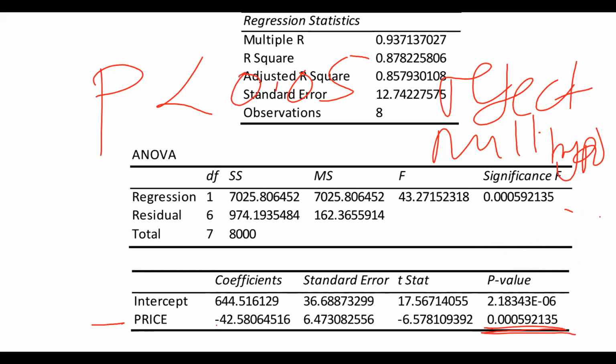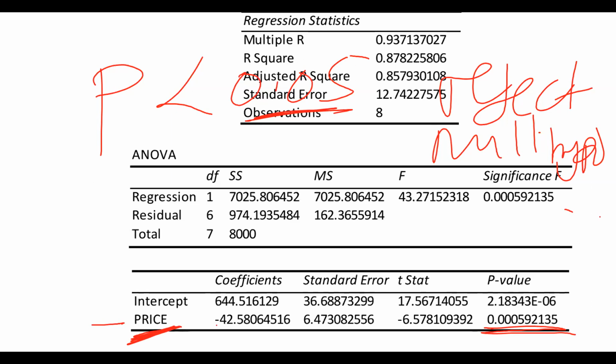It is 0.00 something, right? Way less than 0.05, isn't it? So this means that we are rejecting the what? The null hypothesis. What is the null hypothesis? The null hypothesis is saying that price does not have influence, okay? Meaning it's not different from zero. When you say that the variable is not statistically different from zero, it means that it has no impact, okay?